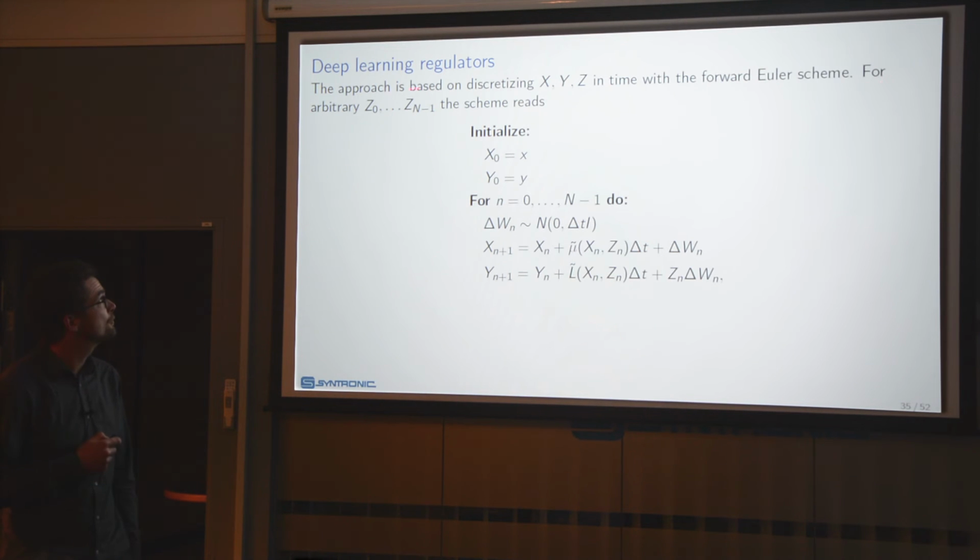For arbitrary z0 to zn minus 1, the scheme reads as follows. We have no method to generate these, so they have to be arbitrary from the beginning. Initialize x and y. The noise increments are Gaussian, just sampled, and this is just forward Euler time stepping for a stochastic differential equation.